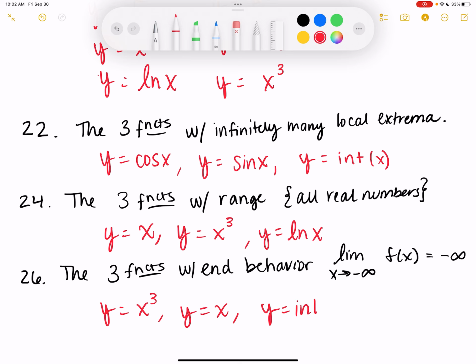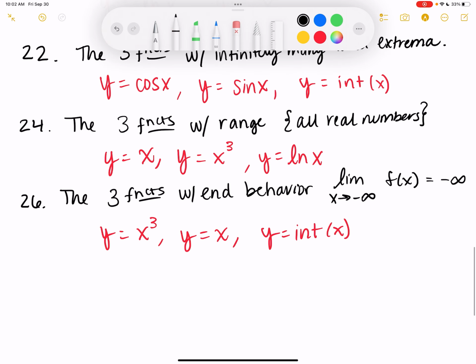It's almost the same. It'd be integer x because of the weird little steps. I got one right this time, guys. Hallelujah. I feel so accomplished. Good job, Josh. It looks like stairs.